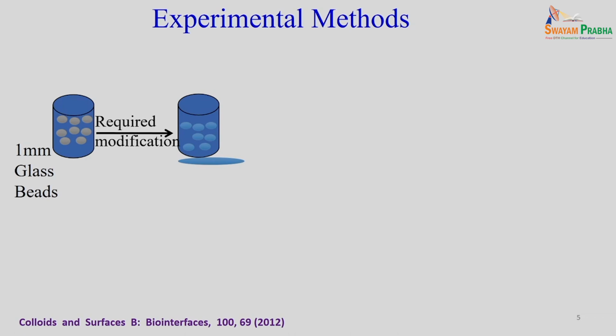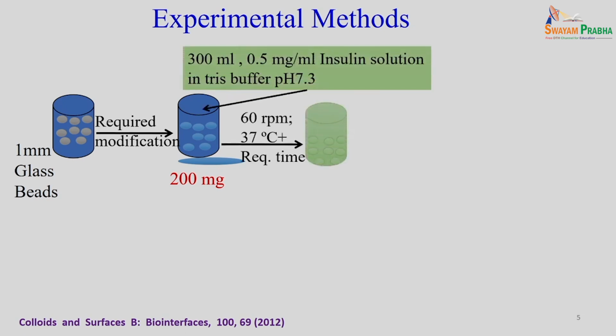You can say a different functional group was added on the glass bead or glass surface to change its wettability, and after the modification, in the glass vial we added about 200 milligram of the modified beads and 300 ml of 0.5 mg per ml insulin solution at pH 7.3.